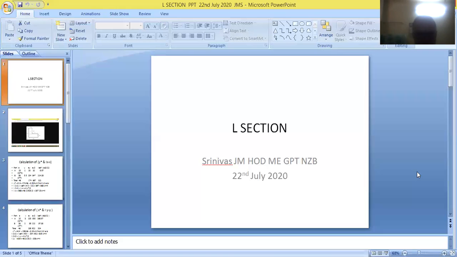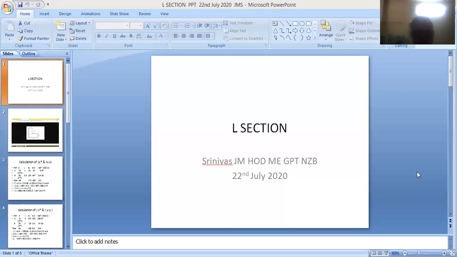Without measuring the values of X bar and Y bar, it is not possible to calculate the values of Ixx and Iyy. As mentioned just now, this X bar and Y bar are called coordinates of center of gravity.